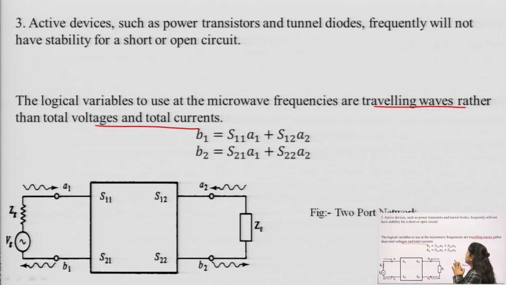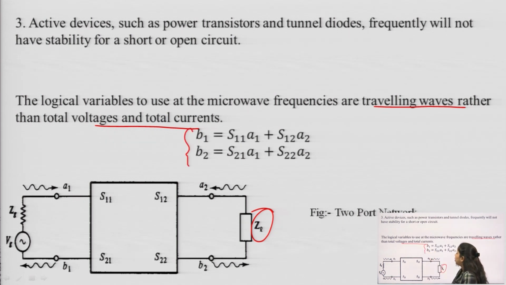Now consider a 2-port network like this: there is a generator, there is an impedance at the input end, and there is a load. A1 and A2 are the inputs, and B1 and B2 are taken as the outputs.